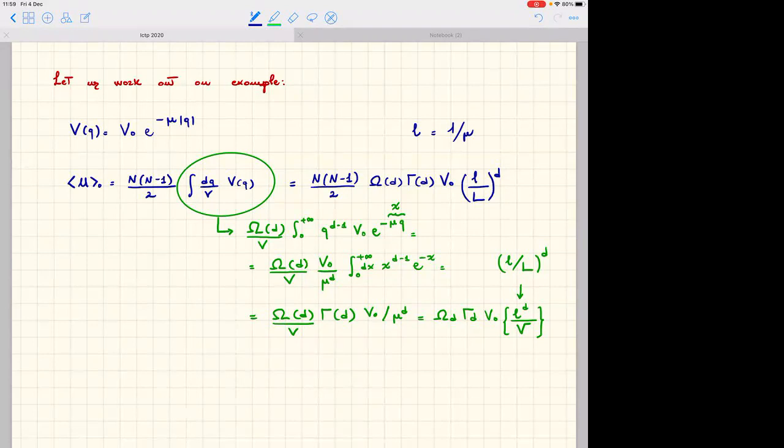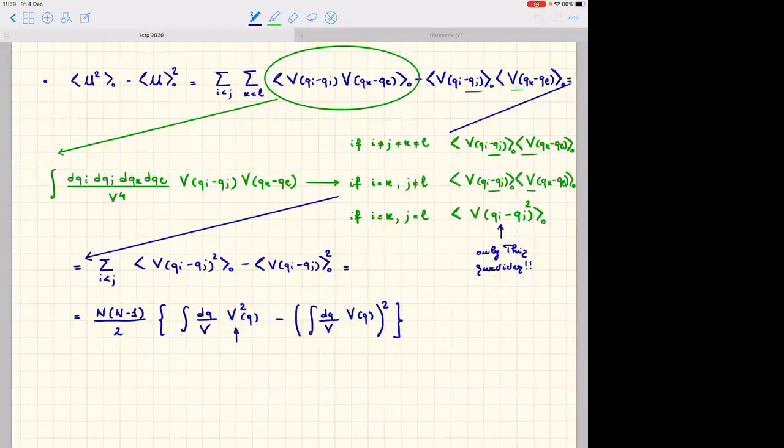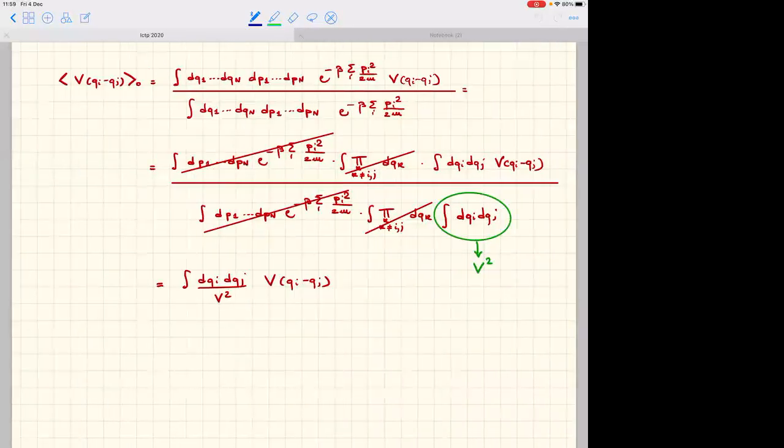No, this is because I'm always simplifying things, but every one of these, dq1 to dqn, every q is the coordinate in space of a single particle.